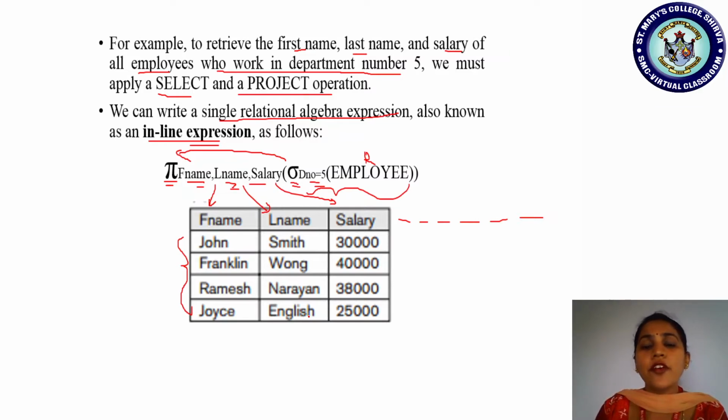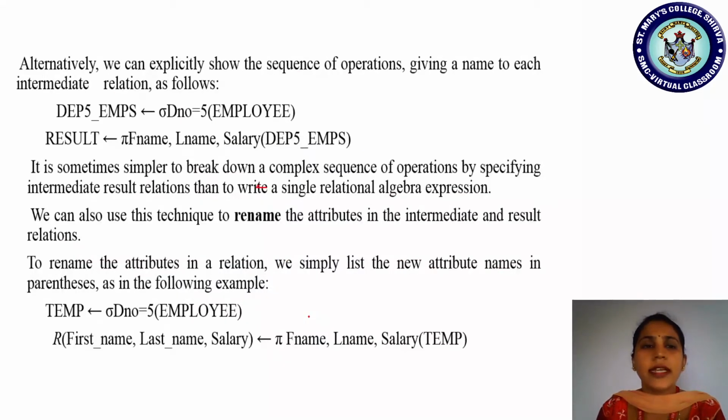The same requirement can be written in another way, where instead of nesting, we first apply the select operation, store the result in one table, and then apply the project operation on that result table. We shall look into that in the next slide. Alternatively, we can explicitly show the sequence of operations, giving a name to each intermediate relation as follows.